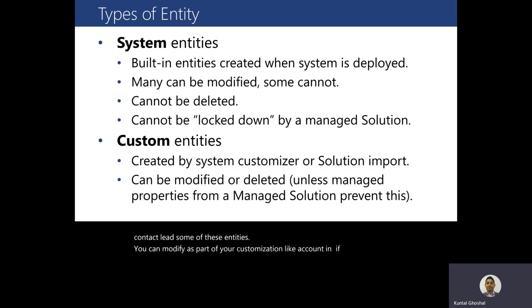If you are using it in your solution, you can add fields, you can add multiple different forms. You can basically make that entity more usable for your organization. Some of the entities you cannot modify. You cannot delete system entities, and you cannot lock down a system entity. Lockdown means you cannot mark it as not editable by a managed solution.